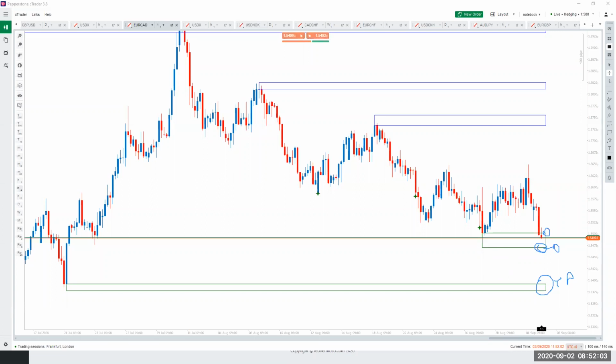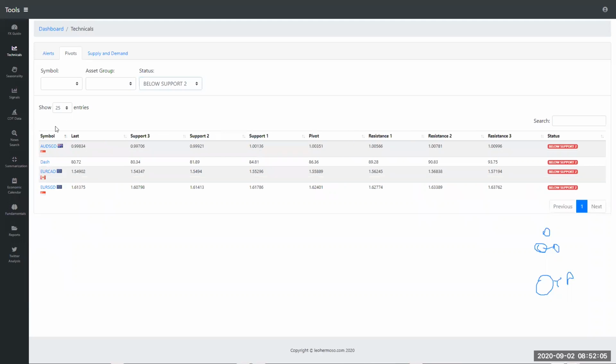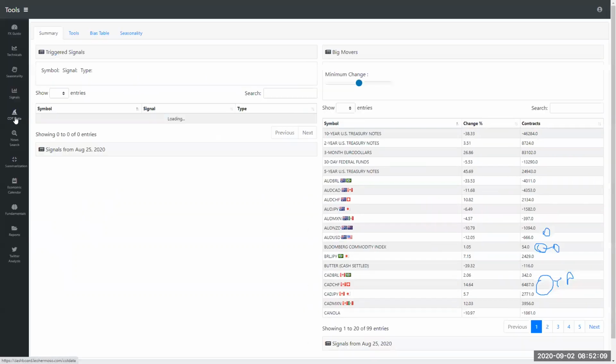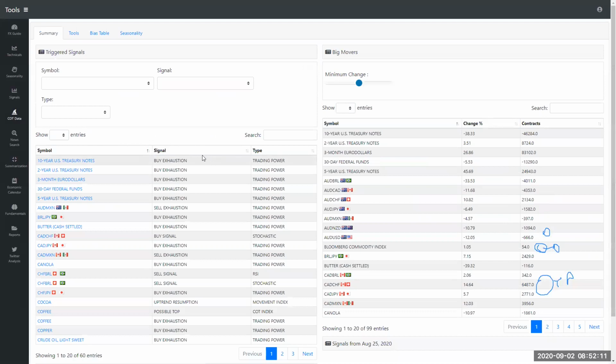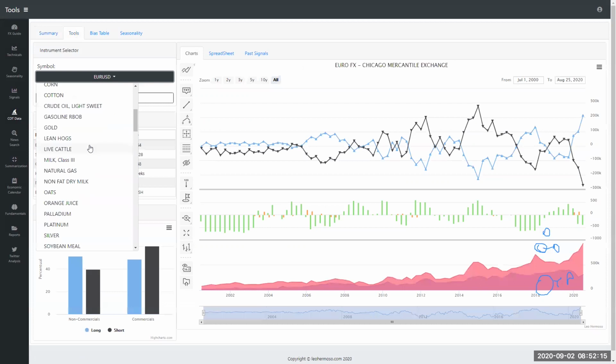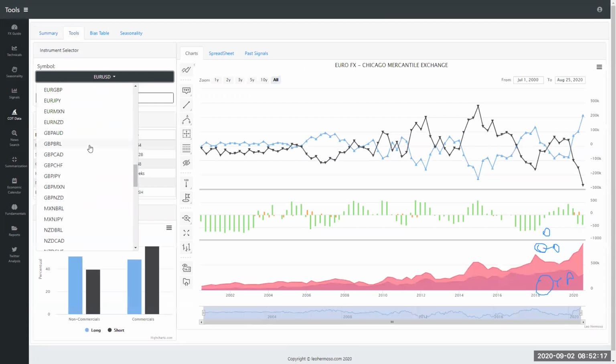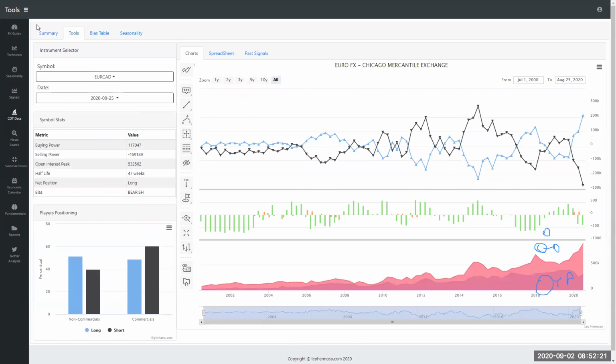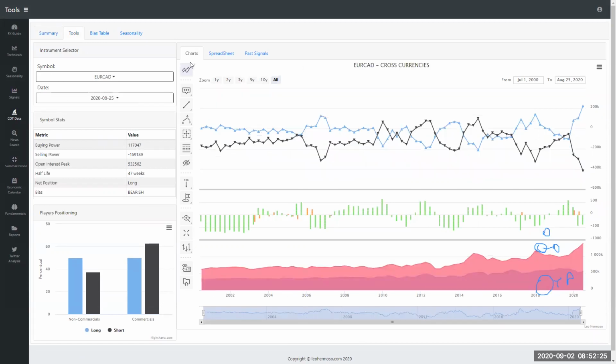Okay, so yes, of course, you can go here, you can go to the COT data, and remember that on our COT tool we have synthetic data for all crosses. So for example, EuroCAD, you won't find EuroCAD COT data on the official reports, but we have it right here because I do a mix of it.